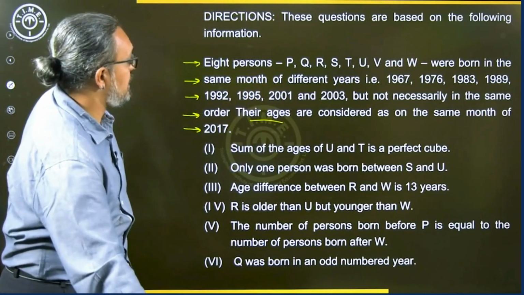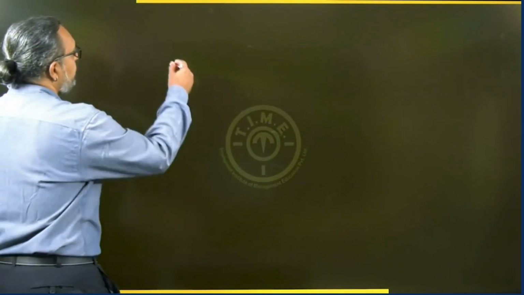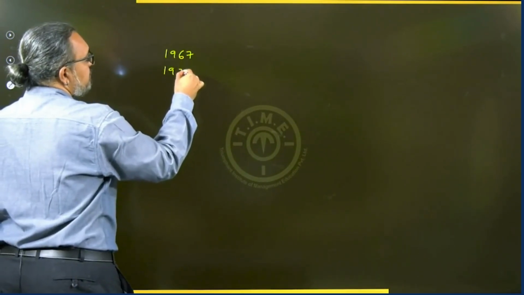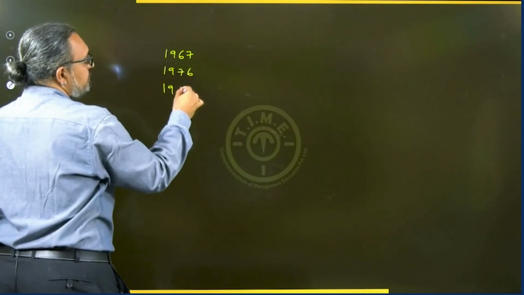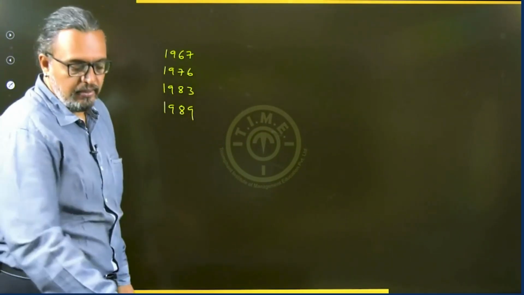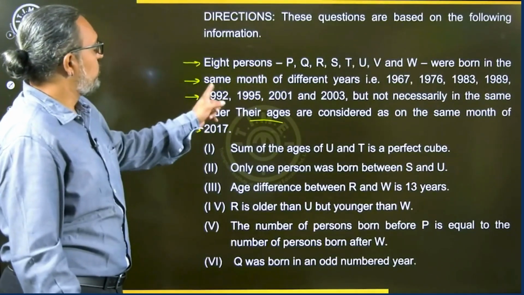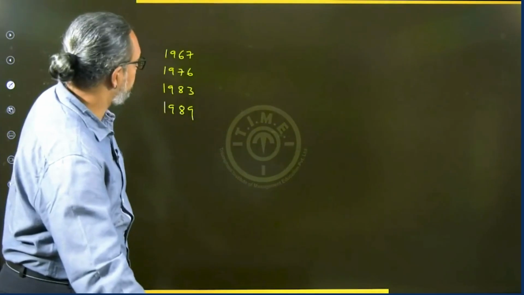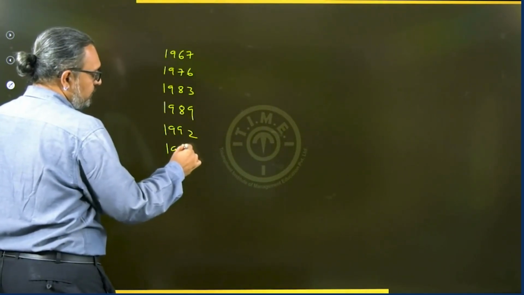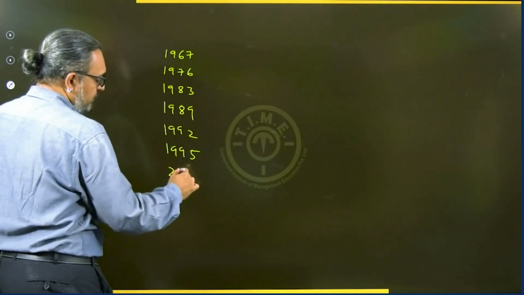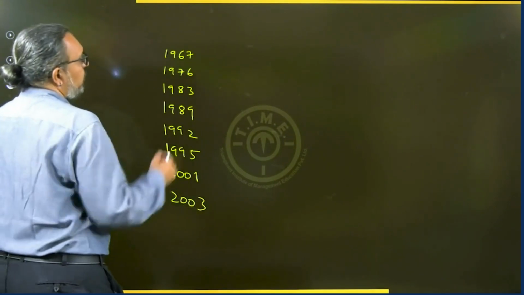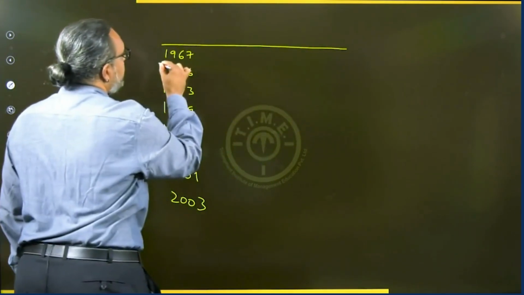67, 76, 83, 89. Next 92, 95, 2001, 2003. So we have the years now.